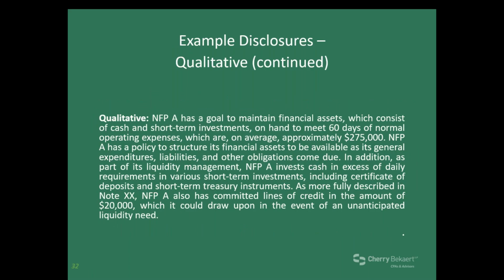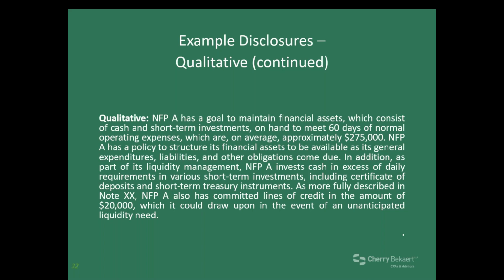So here's one more example. I won't go through and read it in its entirety, but I did want to point out that this one does discuss how they manage liquidity on a daily basis. So they invest cash in excess of daily requirements in short-term investments, and at the end it also says that there are committed lines of credit in the amount of $20,000, which could be drawn upon in the event of an unanticipated liquidity need.